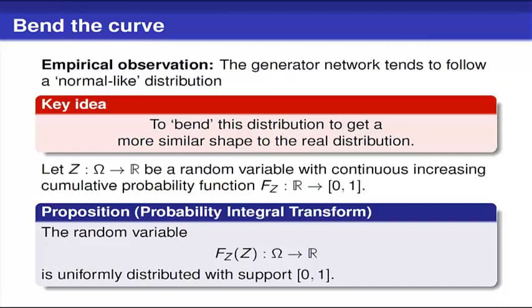And the idea is very, very simple. It's something that is taught in probability 1. The idea is, if you have a random variable that has a continuous increasing cumulative probability function, then if you compose the random variable with the cumulative distribution function, you get a uniform distribution. And how is this useful?